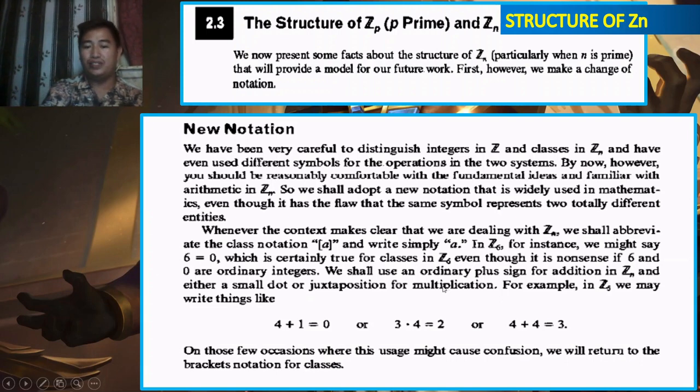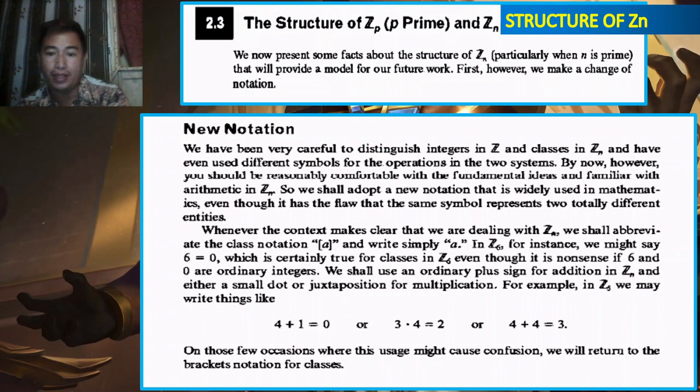So, we shall use an ordinary plus sign for addition in Zn. So, ordinary na po atong plus class, kaysa atong small dot or juxtaposition for multiplication. O, hindi siya plus no. Small dot. So, for example, in Z, so man ni siya class ang small dot. Ha? So, ordinary na lang itong gigamit, pero mo na siya itong ganina, pangsulod og circles.